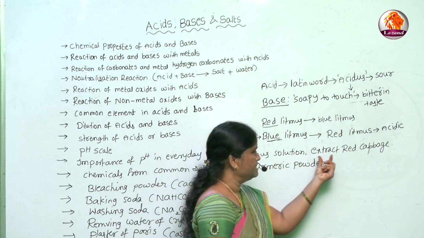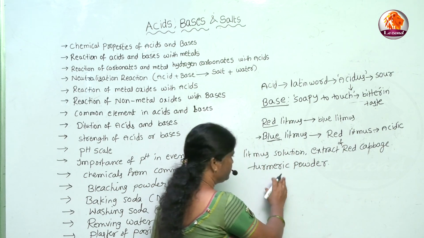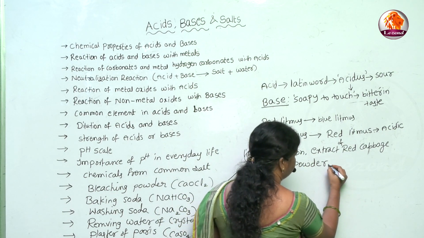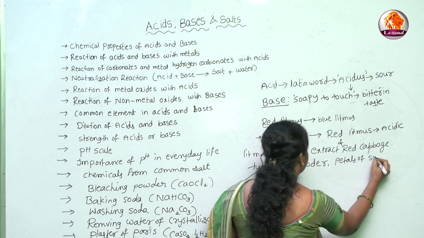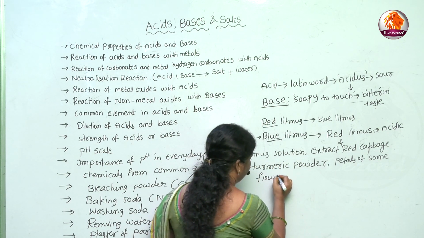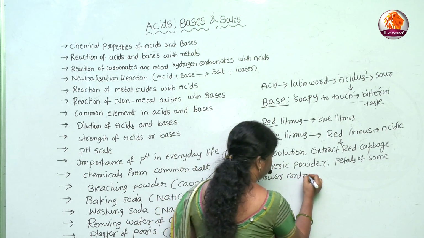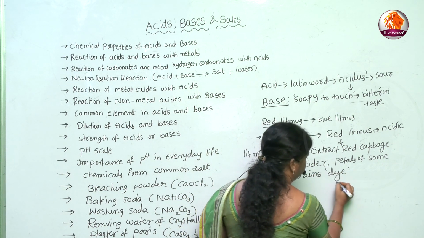Litmus solutions, extract of red cabbage like a juice, turmeric powder, and also petals of some flowers. Petals of some kinds of flowers contain dye molecules. Dye means color molecules.